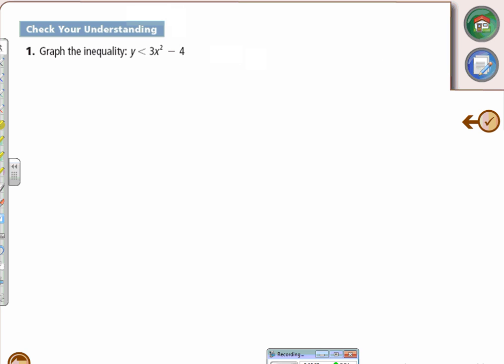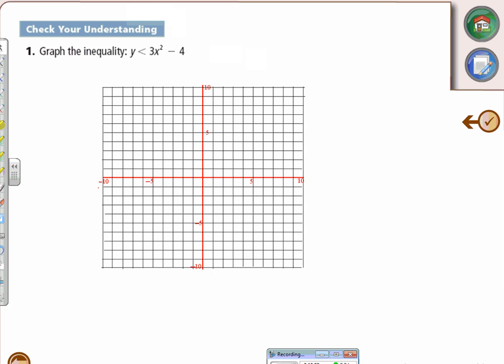All right, so we need to graph the inequality here. In order to graph this, we're going to look at where the vertex is. This is already in completed square form because there's no extra x there, so it would be at 0, -4.